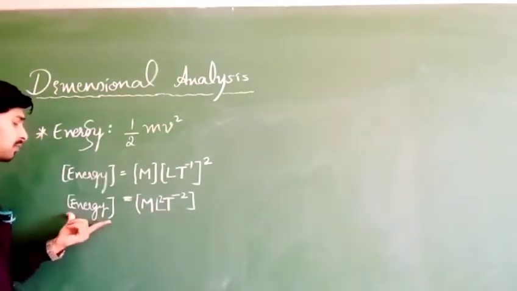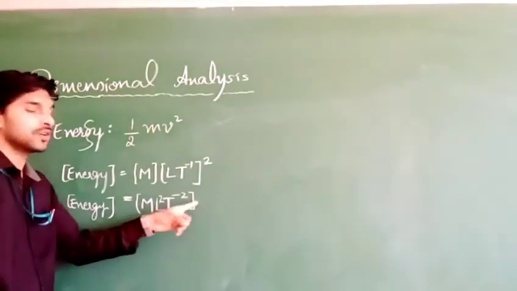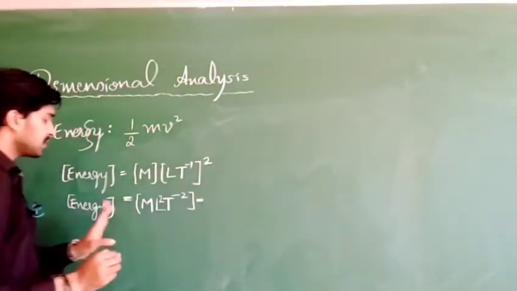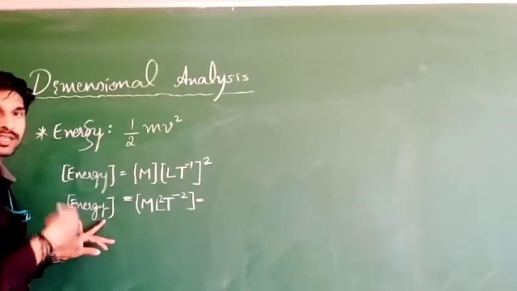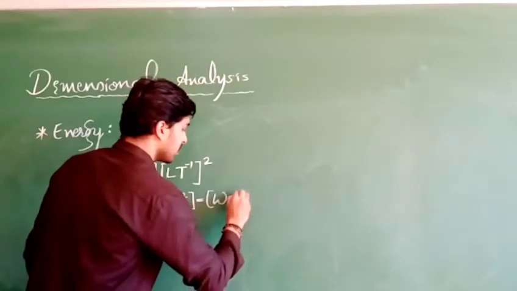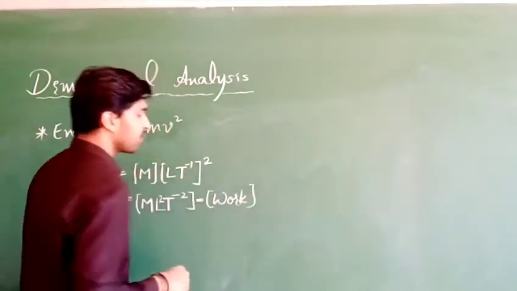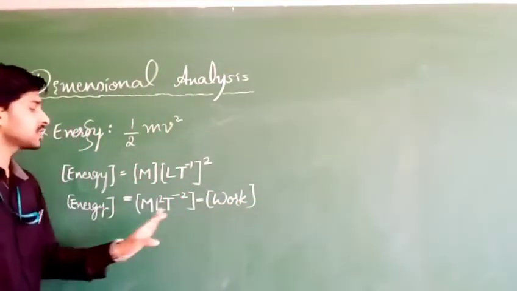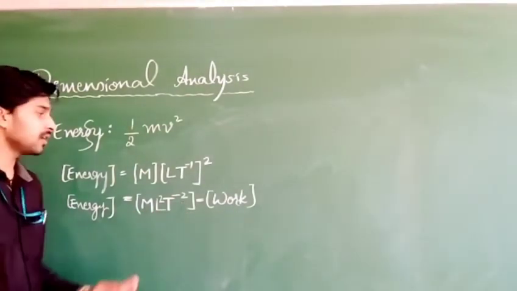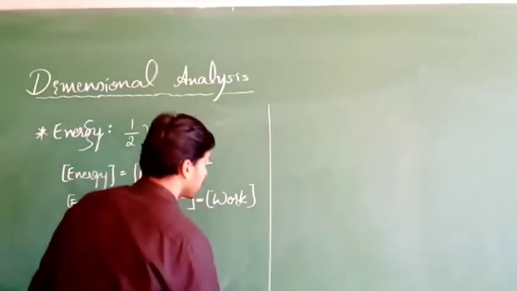And the dimensional formula for energy is nothing but M L square T to the power of minus 2. And always remember, the dimensional formula for energy as well as for work done will be the same. Earlier, what we calculated for work, if you cross check, there also you will get M L square T to the power of minus 2 only. Clear?